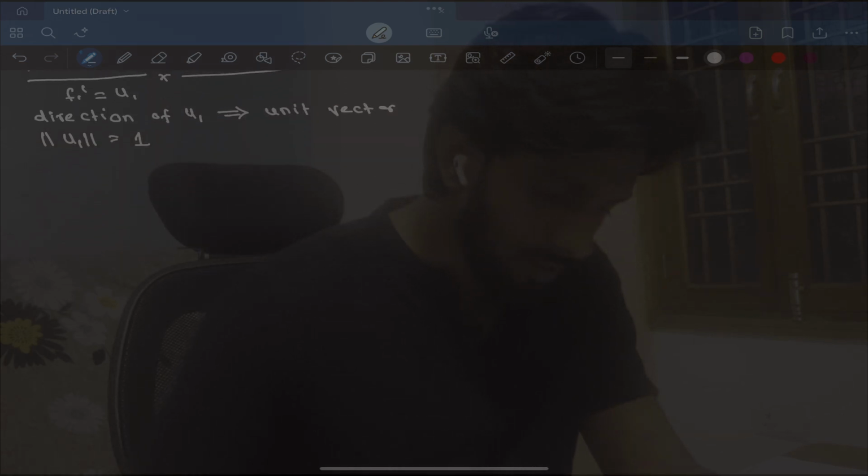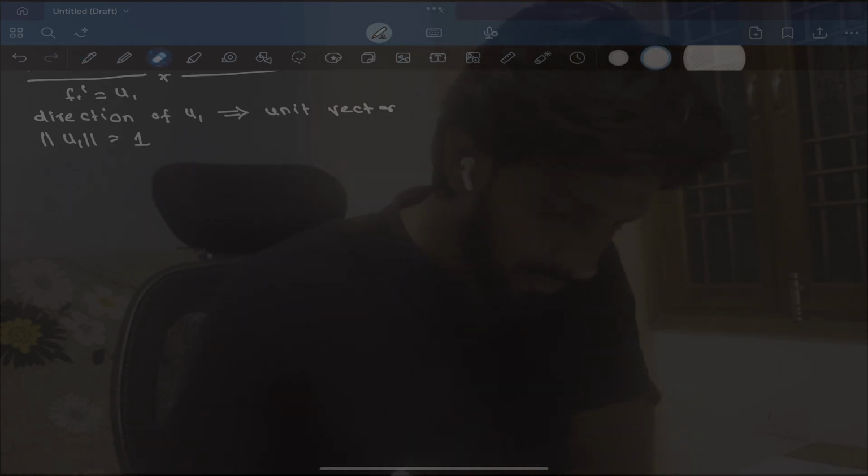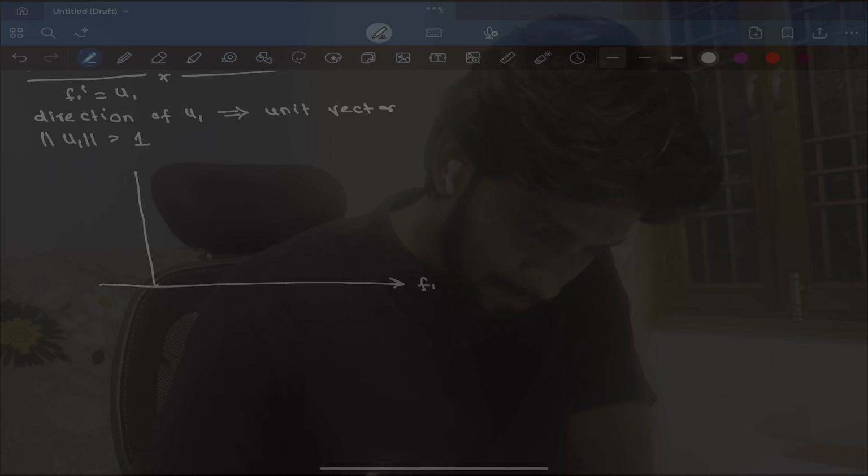Right? Now I will list down some mathematical terms which will be useful in our objective functions. So let's say f1 is f2 and this is the direction of u1.